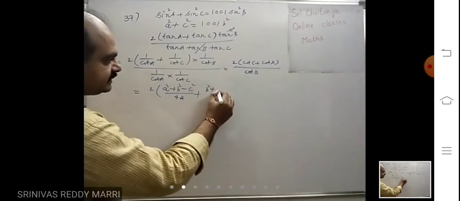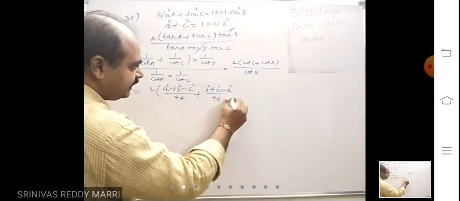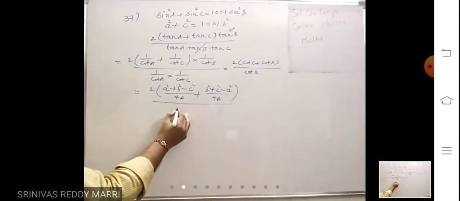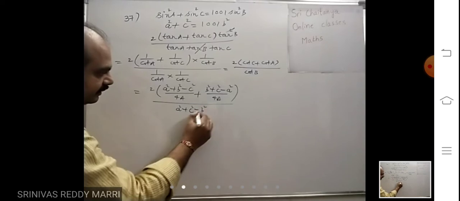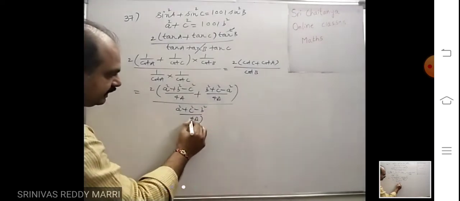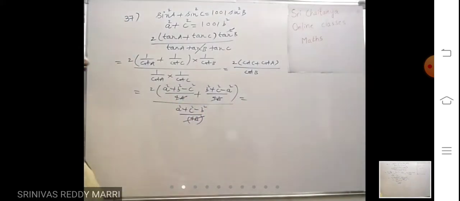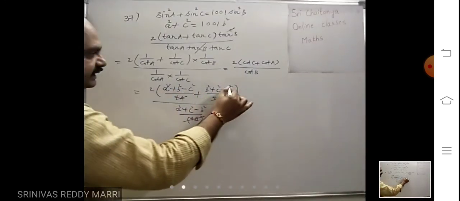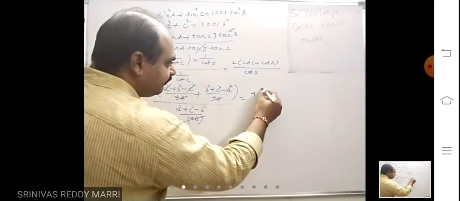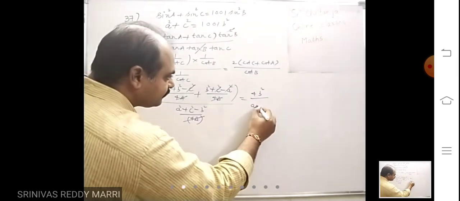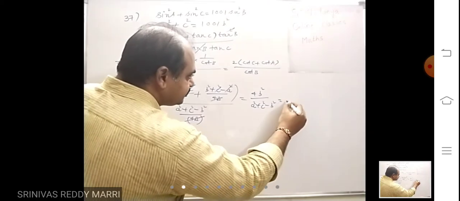So this is b square plus c square minus a square divided by 4 delta, divided by a square plus c square minus b square divided by 4 delta. 4 delta will get cancelled. Now if you look here, a square will get cancelled, c square will get cancelled. 4b square divided by a square plus c square minus b square.